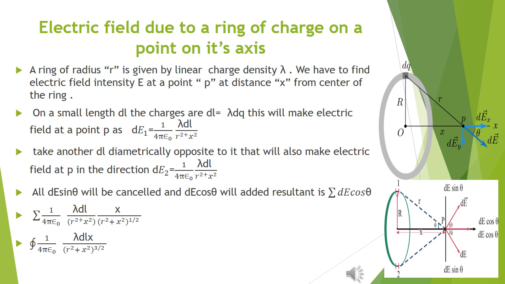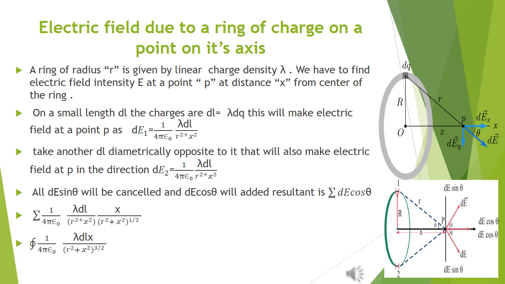After all, we have been given two things. This ring has a radius r and the charge density we have given to it is lambda. So we have to find out electric field intensity E at a point P, which is at a distance x from the center of the ring.